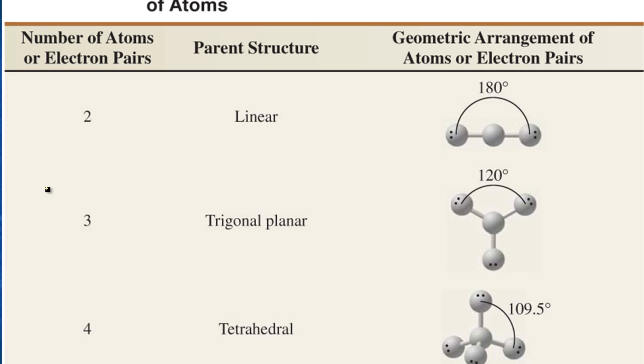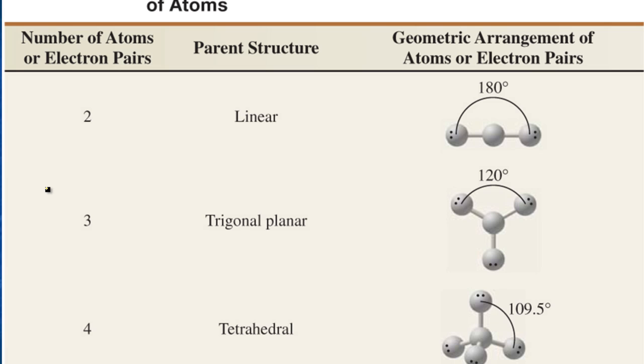If you have 3 electron sets, the parent structure is called trigonal planar. Tri for 3, but you have to say the word planar. Don't just put trigonal, because there is something else with trigonal which we will see later. When you have 4 sets of electrons, we call it tetrahedral.